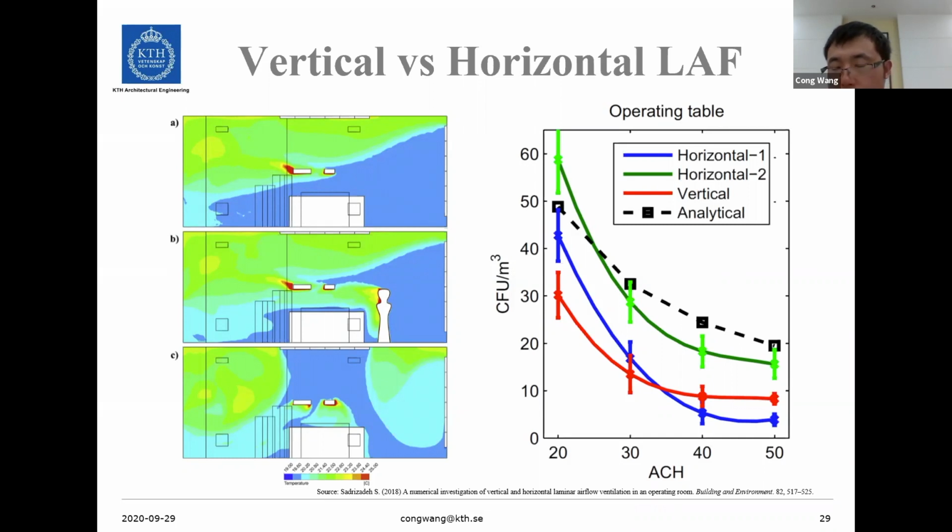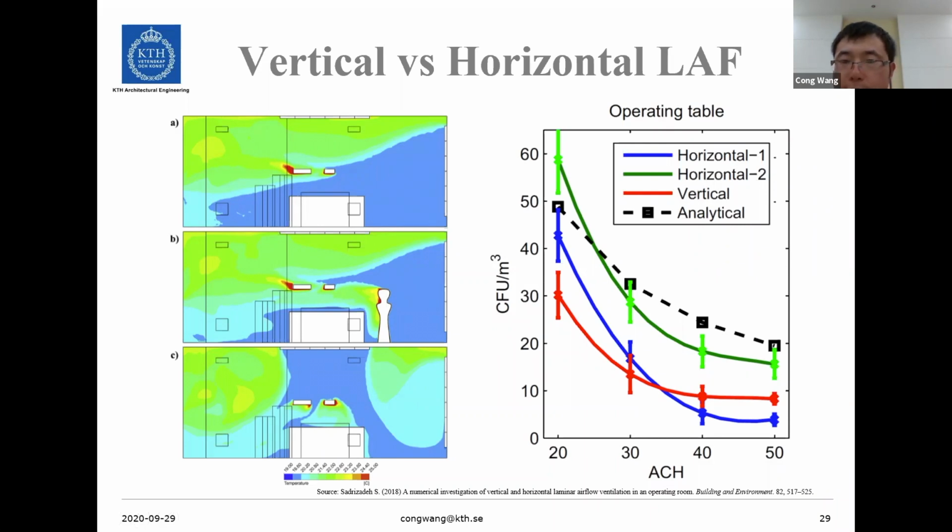At about 40 to 50 air changes per hour, the airborne contamination has become quite stable. It won't decrease further.